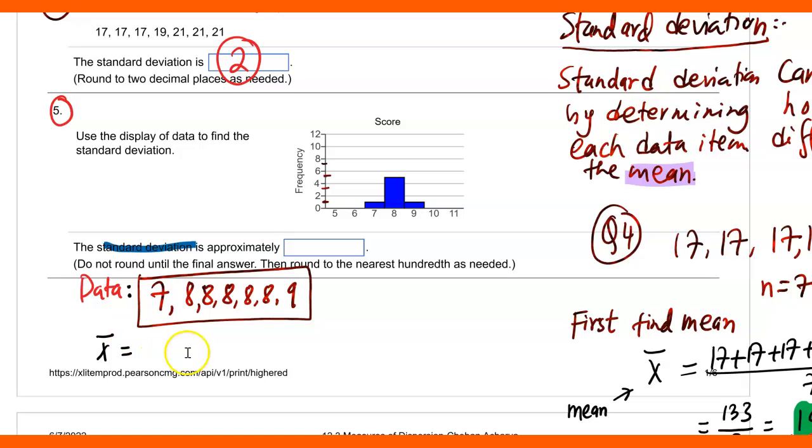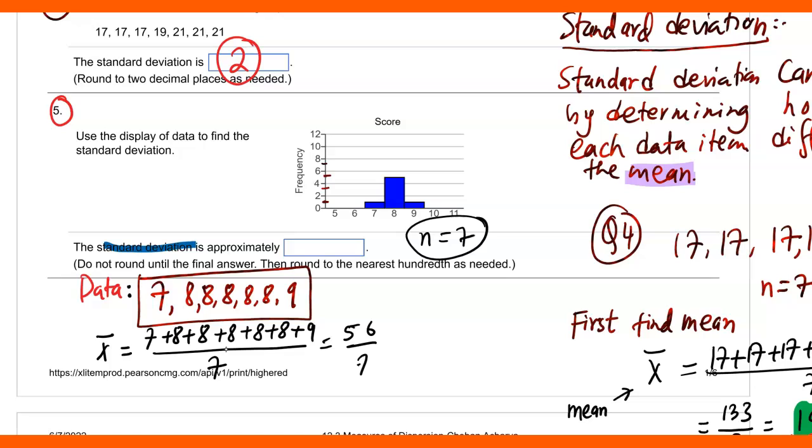Don't write MEAN, just write x bar. 7 plus 8 plus 8 plus 8 plus 8 plus 8 plus 9 divided by how many data here? You have 1, 2, 3, 4, 5, 6, 7. We call n equals 7 here. 7 data here over 7. 56 divided by 7 is going to be 8.